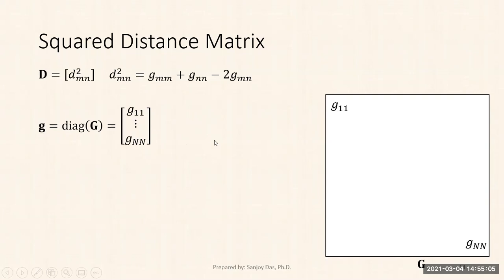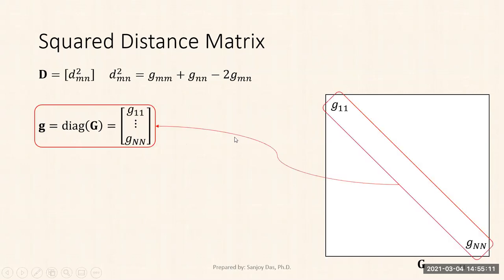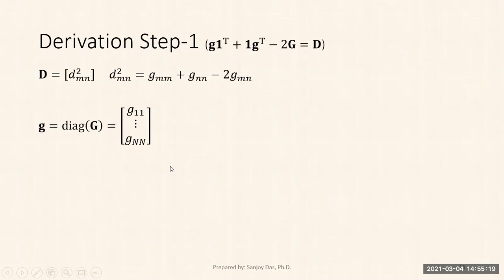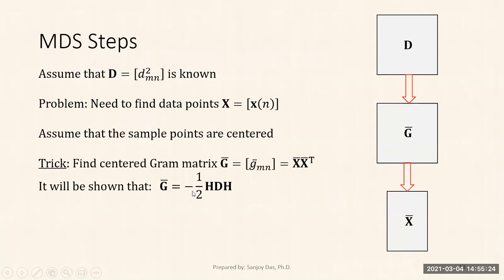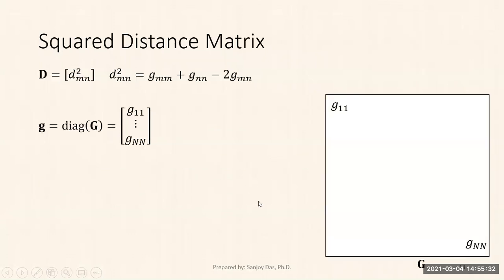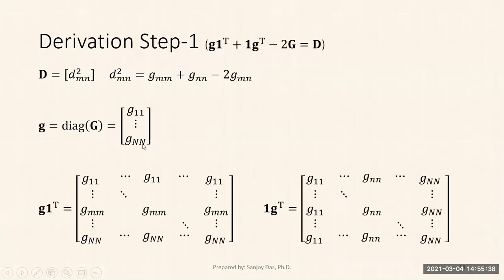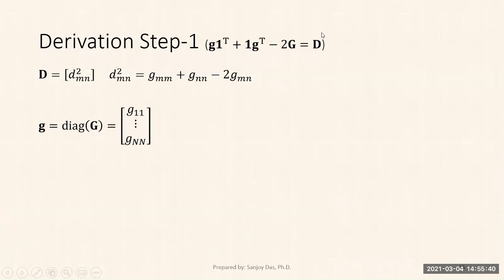Okay, are you with me so far? We saw this expression before. So I take all the diagonal elements and define my lowercase g. Now what am I going to do? My goal is first to show this part, and this will establish how we do the first step of MDS. So this is what I'll prove first.